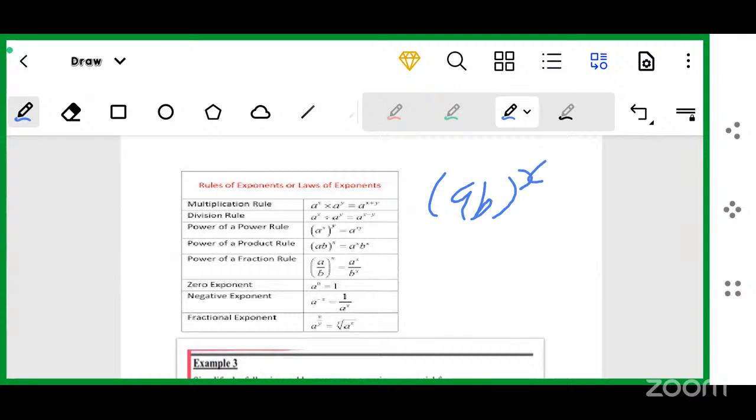Is it a to the power of x and b to the power of x? Yes, it is correct. I think you understand the rules. So okay, let me do the last one. What is going to be the answer for this one, if you are transporting it to be a rule?